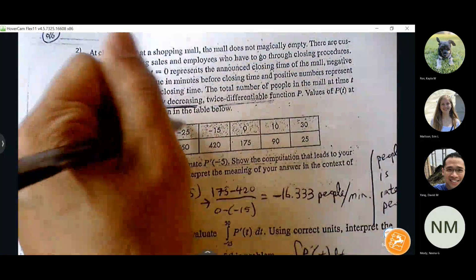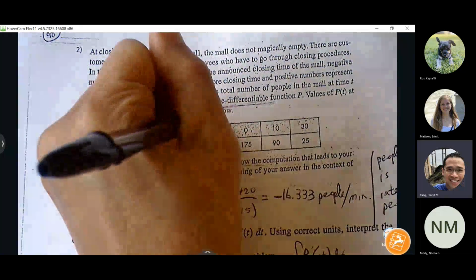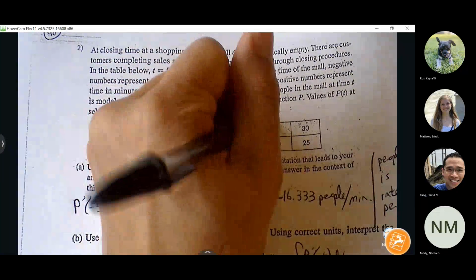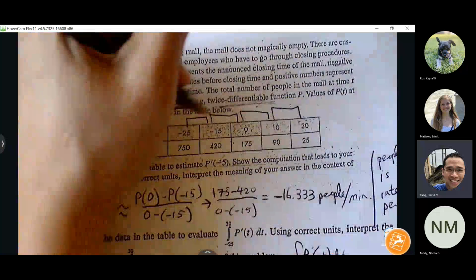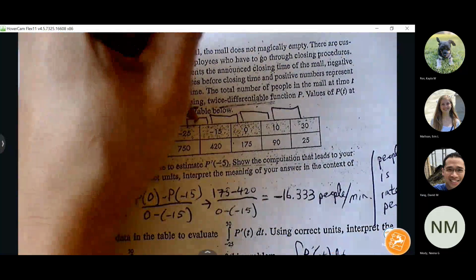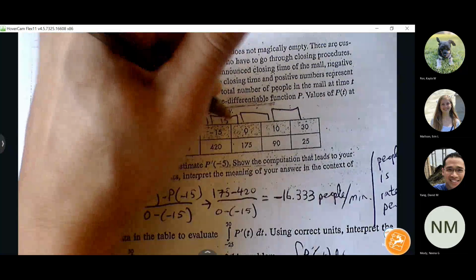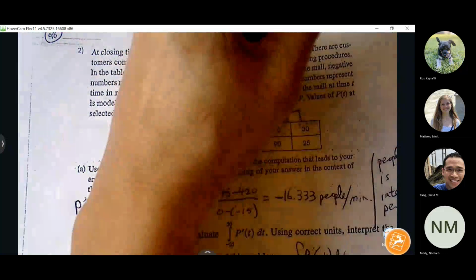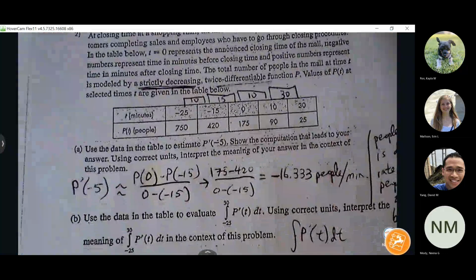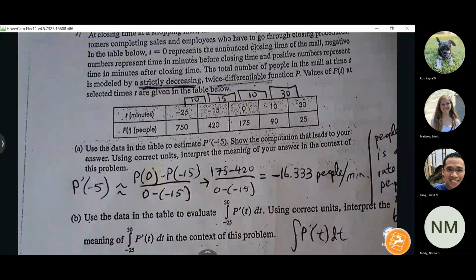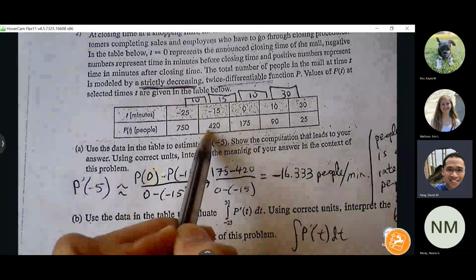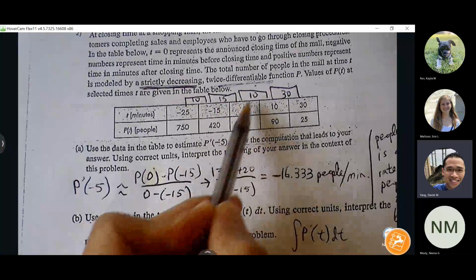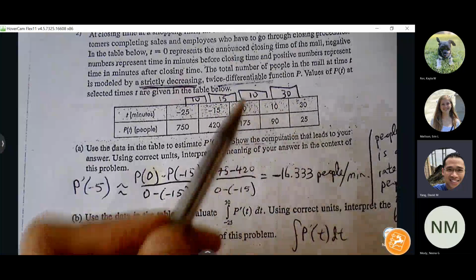Okay, right Riemann sum. So each subinterval, subtract to get the width. Multiply by the right y value, so 10 times 420, 15 times 175, 10 times 90, 30 times 25.